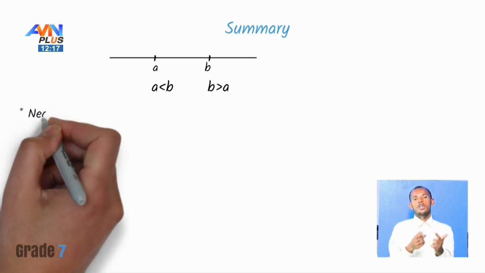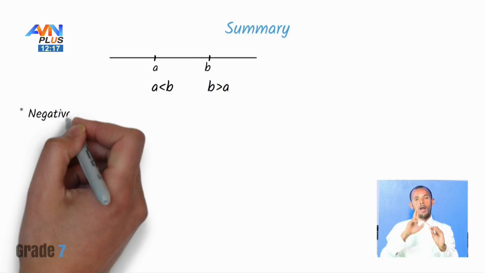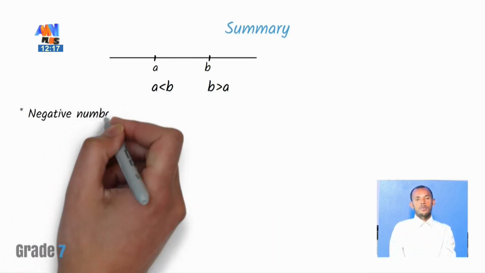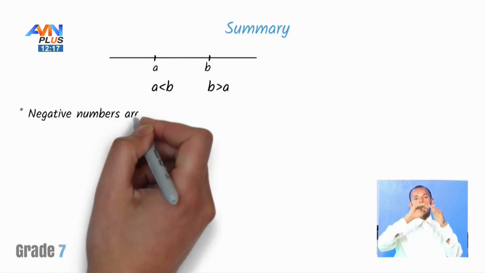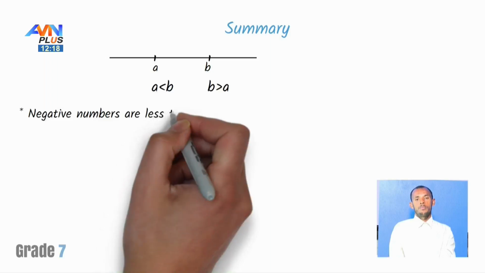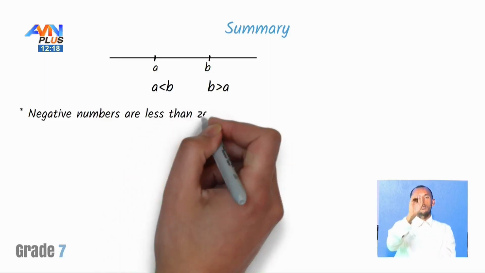The next concept we have seen: all negative numbers are less than 0. Negative numbers are less than 0.